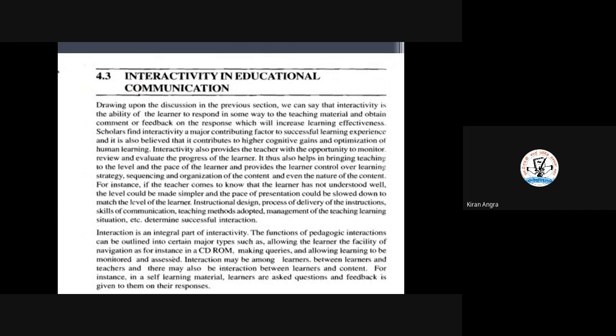What is interactivity? Interactivity is the ability of a learner to respond in some way to the teaching material and obtain a comment or feedback on the response.